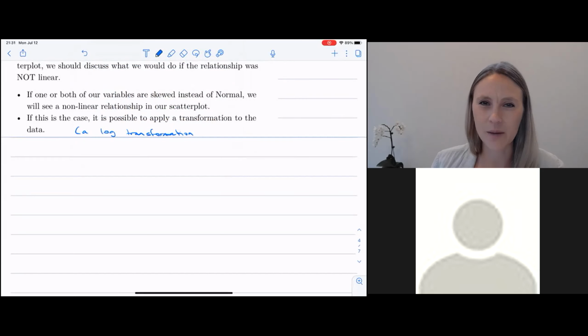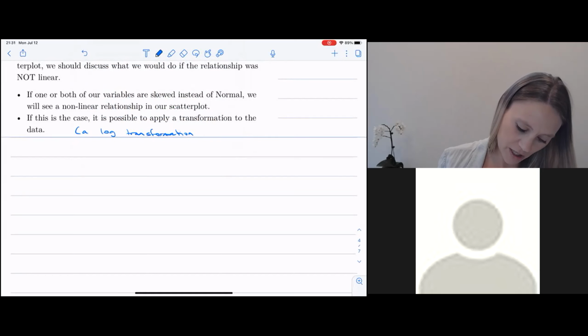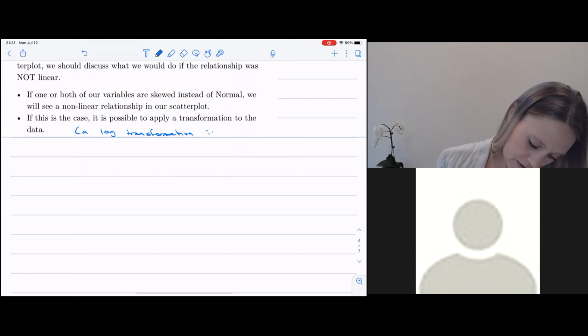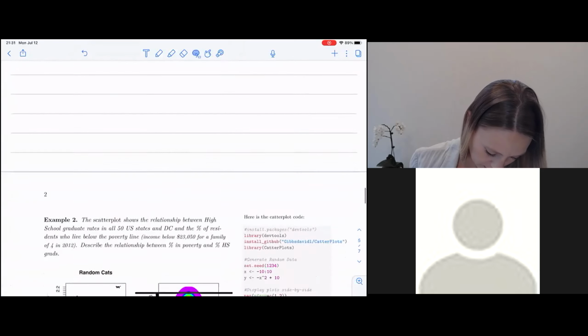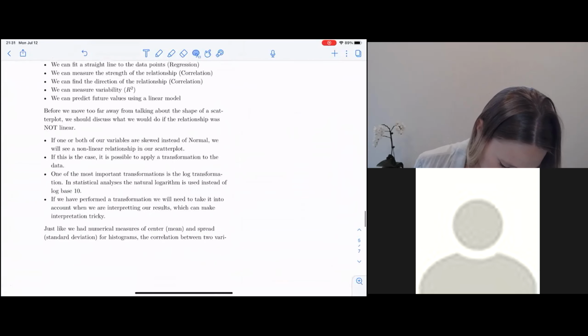Or a lot in chemistry, they like to do log transformations. So a log transformation is common, but there are other ones too. I gotta grab the rest of this list here.